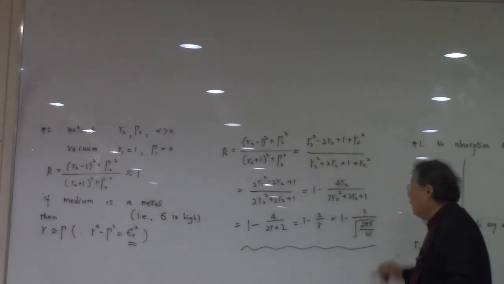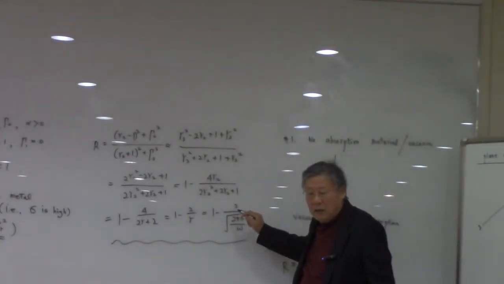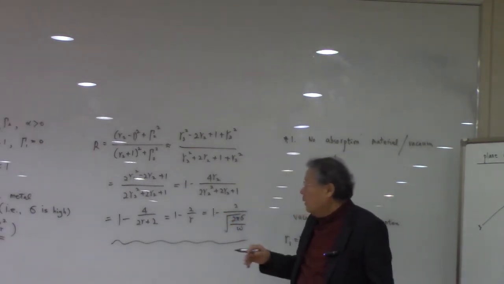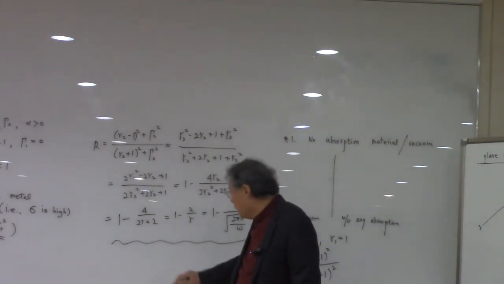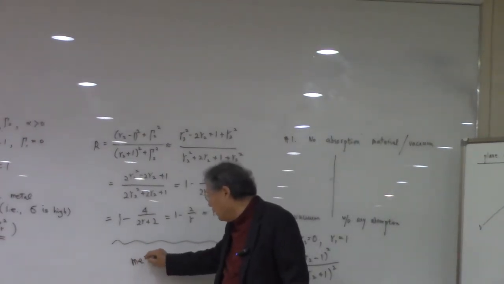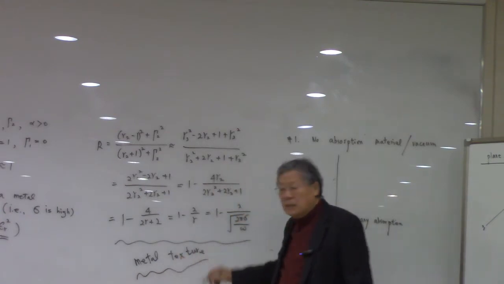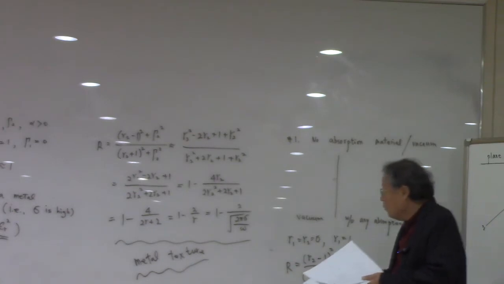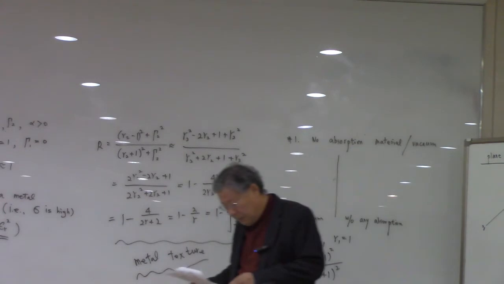This is the metal case. And if the conductivity is very high, reflectivity is going to be 1. So that's why you're going to have all reflection in the metal case. Everything is reflected on the metal surface, right? And the reason why is the conductivity of the metal.